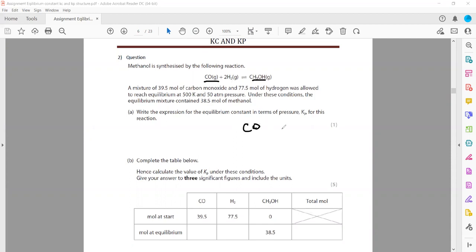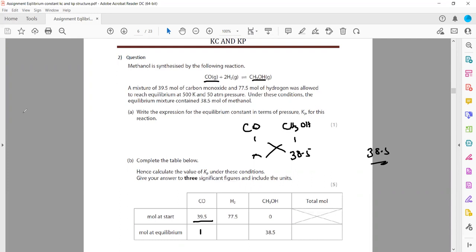So if we have 38.5 methanol, cross multiply, 38.5 moles of carbon monoxide will react, but we don't need how many react. We need how many moles are left at equilibrium. Originally it is 39.5 and 38.5 reacted. So how many left? Left is 1, because the moles at equilibrium are the ones which are left.